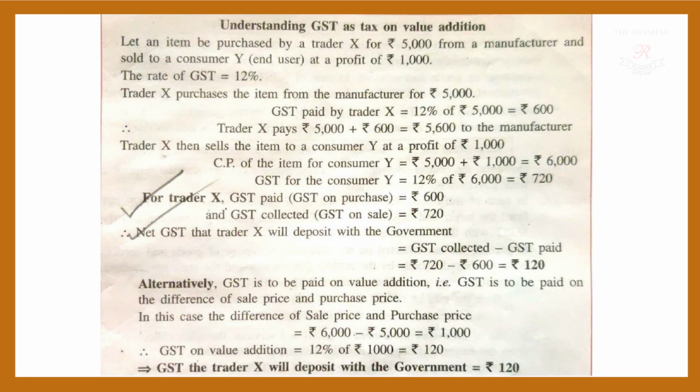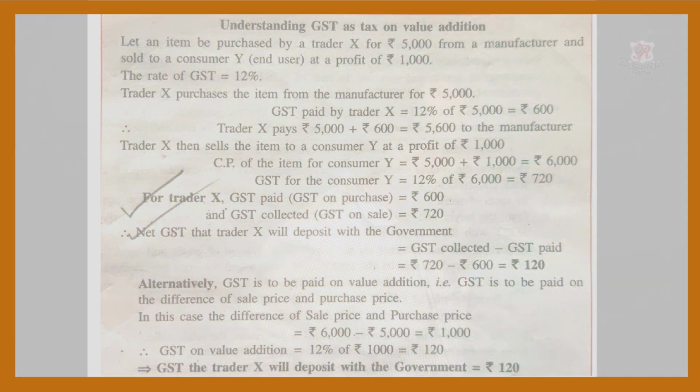So the GST collected minus GST paid, the trader has to pay rupees 120 to the government. It is but natural that 600 rupees is GST paid by the manufacturer. So overall the government will get 720 rupees as GST.